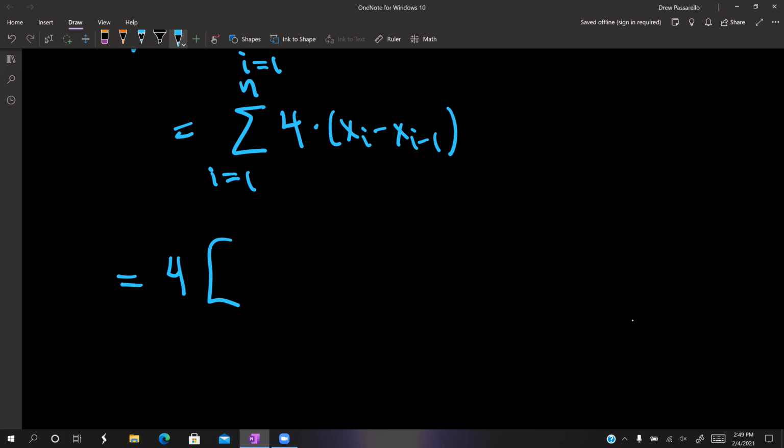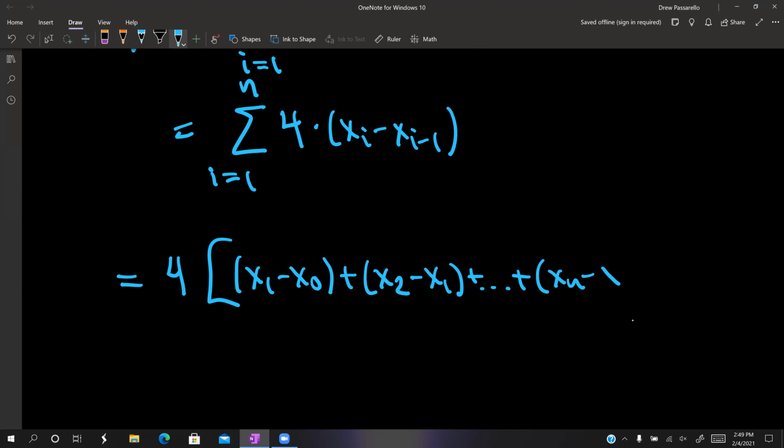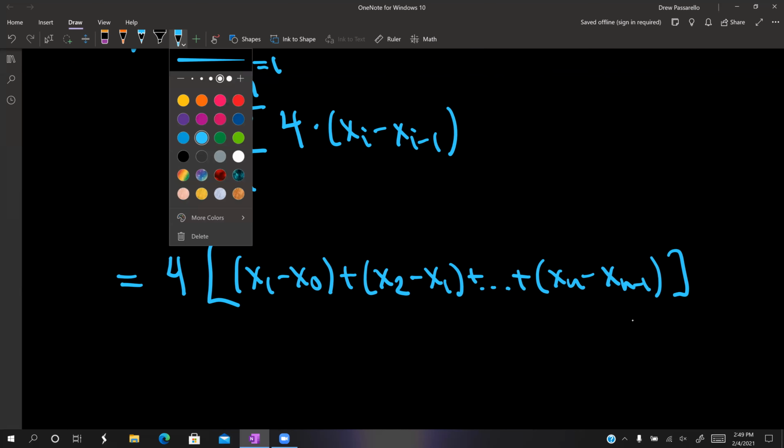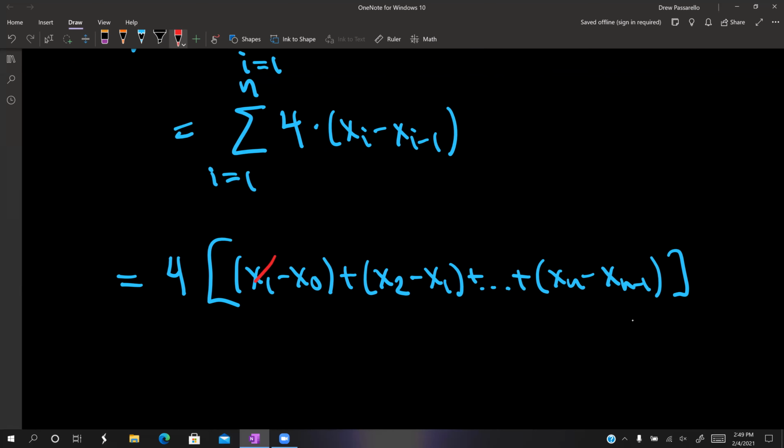And then you just find the sum. When i is 1, that's going to be x1 minus x naught, plus x2 minus x1, dot, dot, dot, and then until you get to the nth one, so plus x n minus x n minus 1. And you'll see that all the values collapse. So x1 minus x1, x2 will collapse, and all of them collapse except for x n and minus x naught.